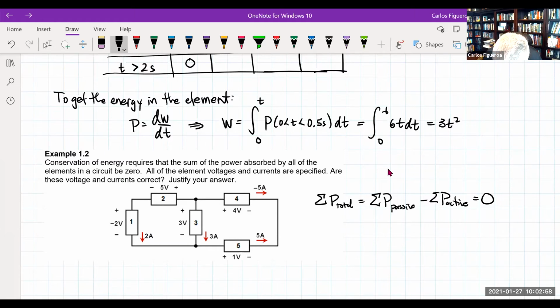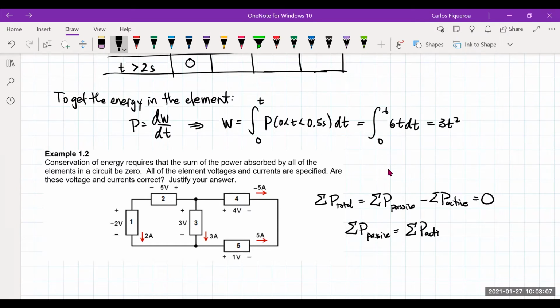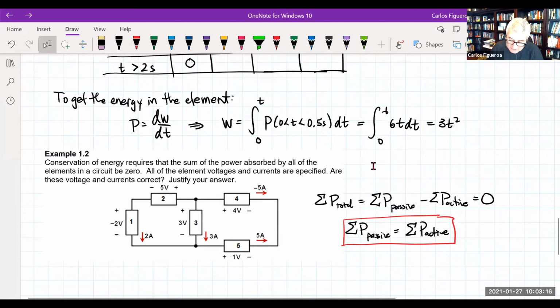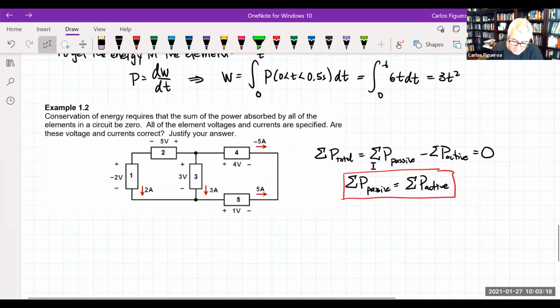But because of the sign convention, we said here that we're really looking at passive equaling the active elements. So this is the preferred choice. When you do it this way, there are no signs. So let's go look at this thing here. My job here is to figure out if this circuit works using conservation of power. That means, are these two equal?